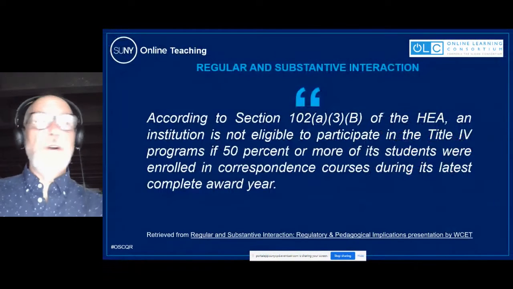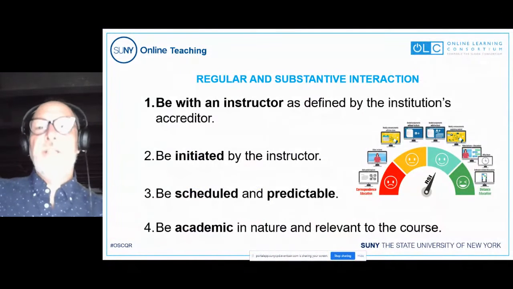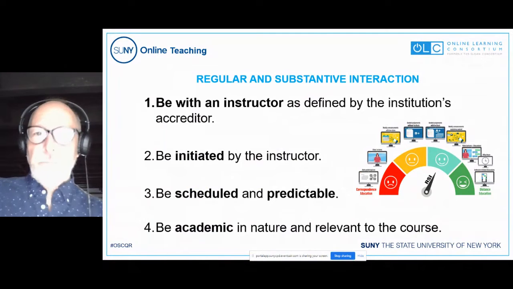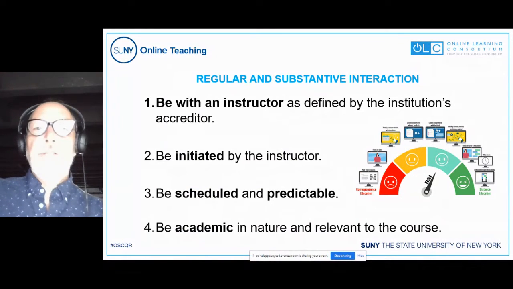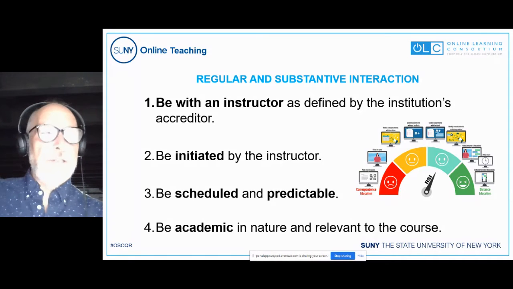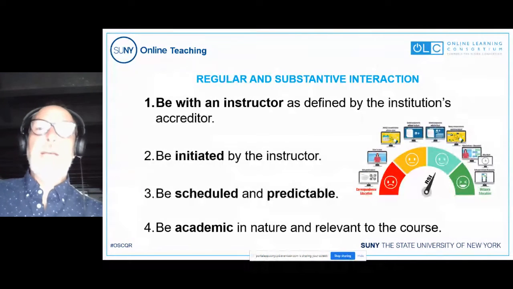According to the wording, regular and substantive interaction means that interaction in an online course must be with the instructor, must be initiated by the instructor, must be scheduled and predictable, and must be academic in nature.